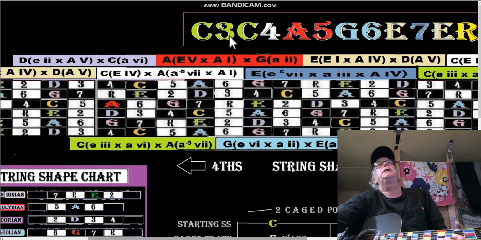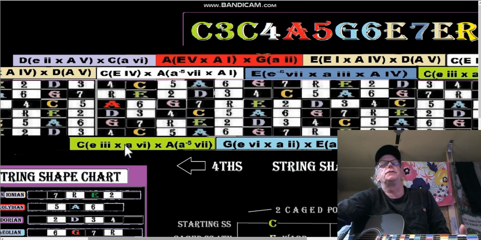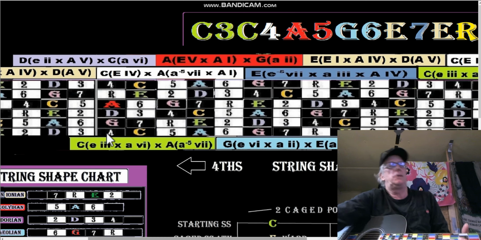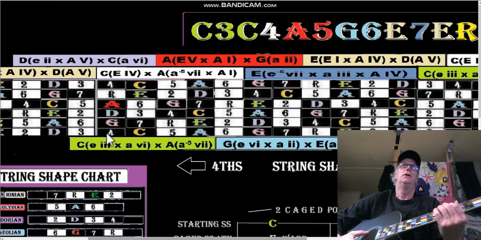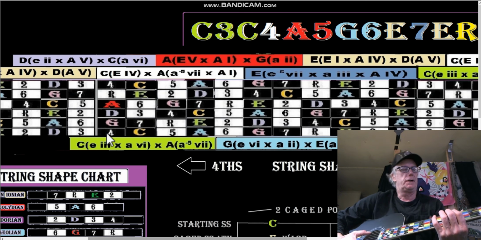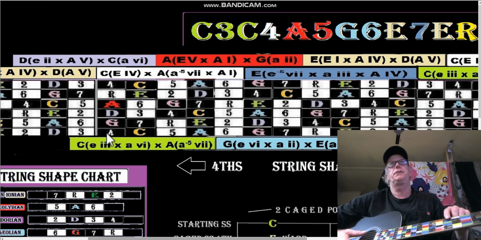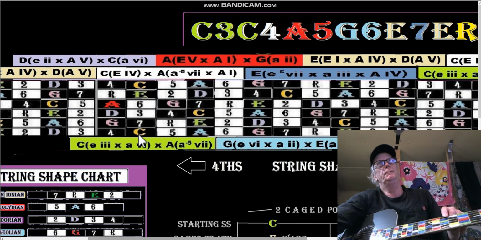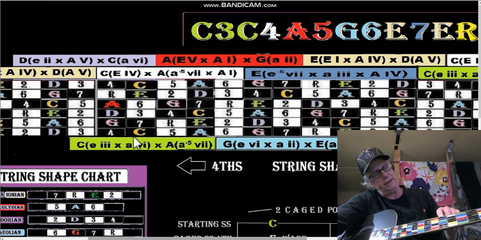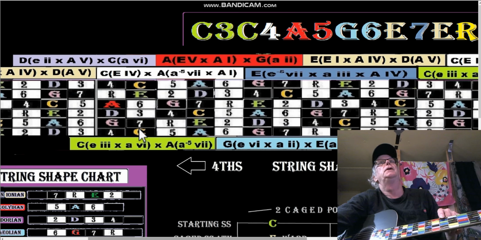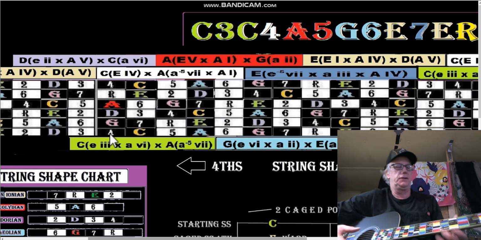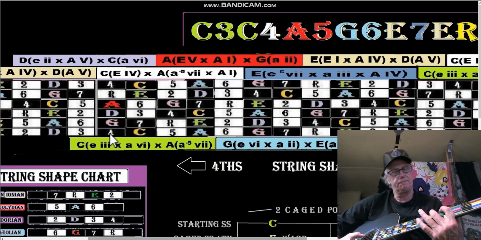That's your C3, and that's your Phrygian scale. Okay, starting on a 3. Then we have C4, which is a long pattern. Okay, so we're going to start on the 4 there, but we're in the C string shape. Okay, that label would be on the C sharp, so we're within the C string shape.